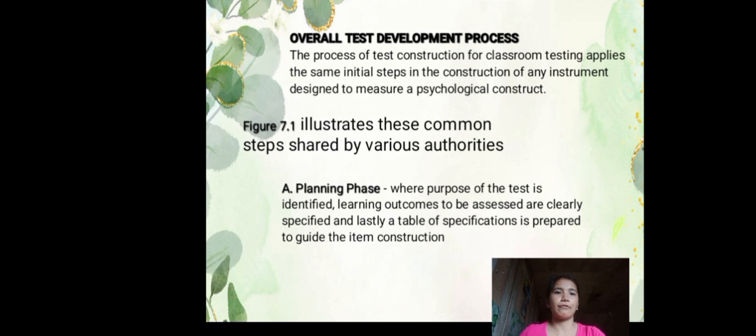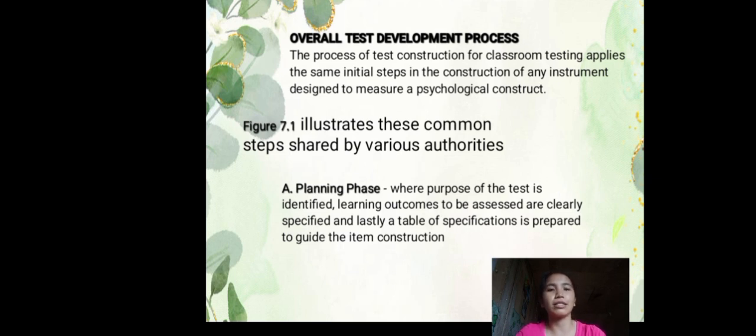Then the first is the overall test development process. The process of test construction for classroom testing applies the same initial steps in the construction of any instrument designed to measure a psychological construct.